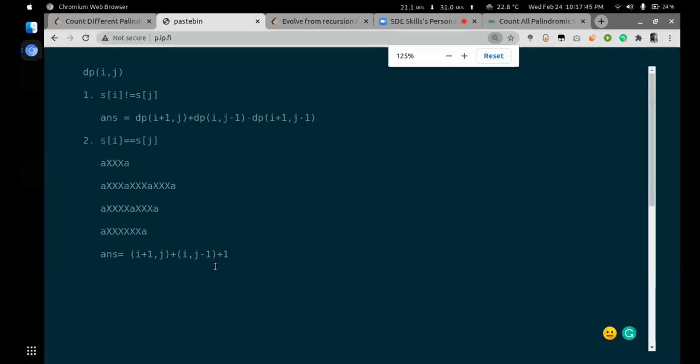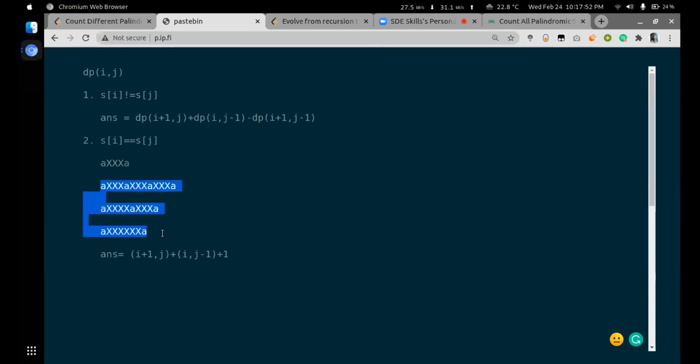So what to do in these cases? There won't be more than 3 cases, since there can be 0 A's in the middle, 1 A in the middle, or more than 1 A in the middle. If there are more than 2 A's in the middle, then this subsequence will again repeat.